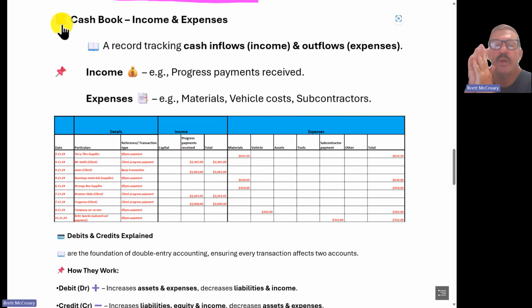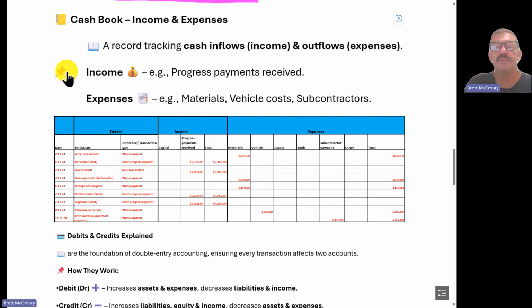Taking a snapshot here, a simple cash book. We completed this for our Cert 4 students as an example, but it's old school, but it gets you to have an understanding of cash in and cash out, income and expenses. So a record tracking cash flows for income and outflows are expenses. Your income is, for example, progress payments received.